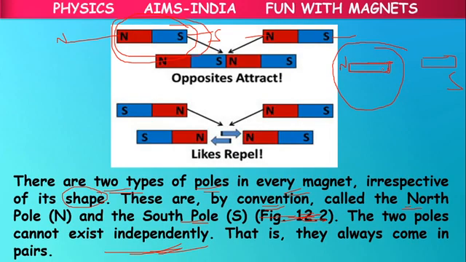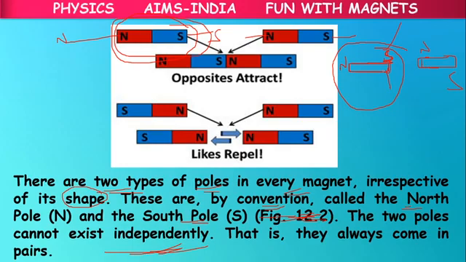This part automatically develops the nature of South Pole at this free end, because North Pole is already there. For the second piece, South Pole is already there, so the other free end acts like a North Pole.